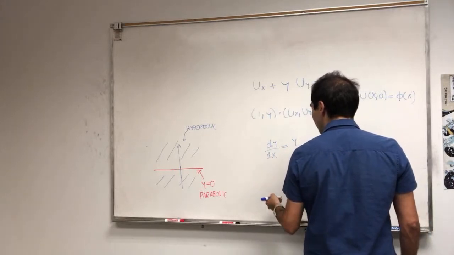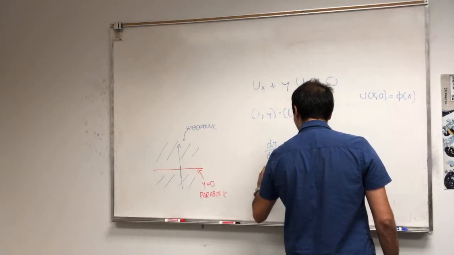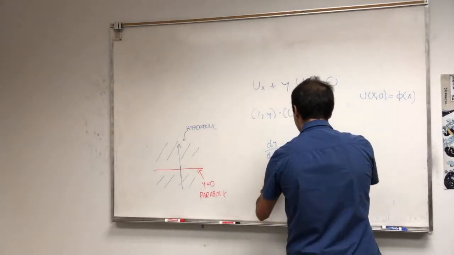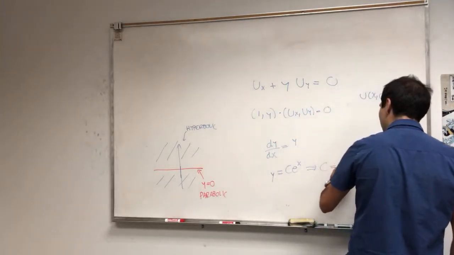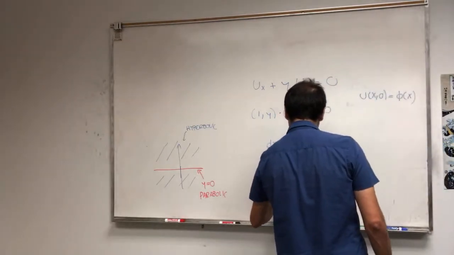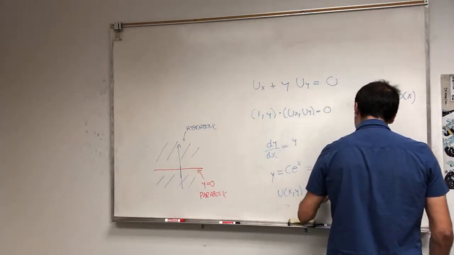and then solve this. Technically it's just an exponential solution, so y equals c e to the x, so solving for that constant, c is y e to the minus x, and basically any function of y e to the minus x solves this.